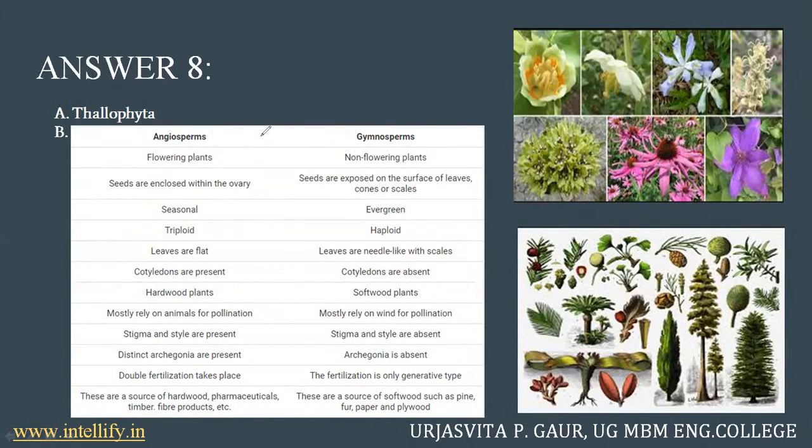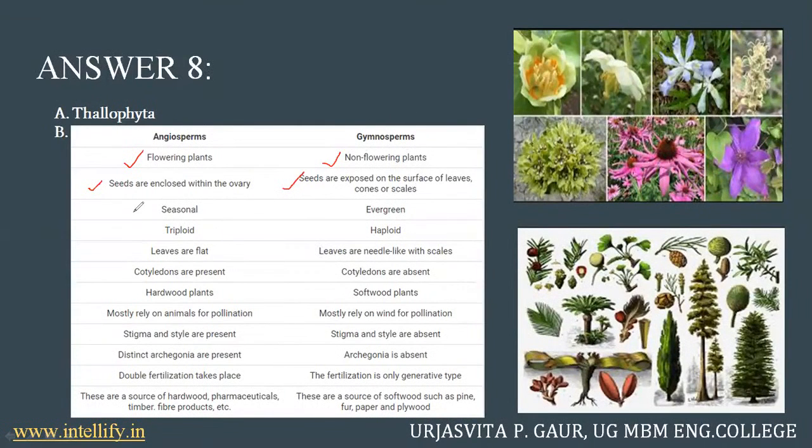It's always better to tabulate things to make them more concise, and then you can easily remember them. So first we'll talk about angiosperms versus gymnosperms. Angiosperms are flowering plants, whereas gymnosperms are non-flowering plants. Then seeds are enclosed within the ovaries in angiosperms, whereas seeds are exposed on the surface of the leaves, cones, or scales in gymnosperms.